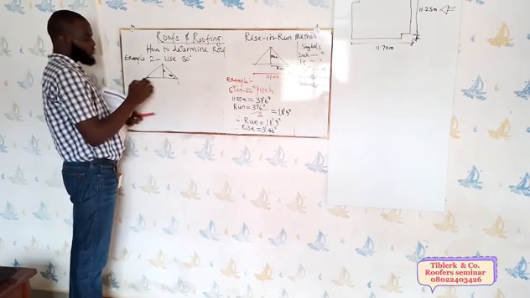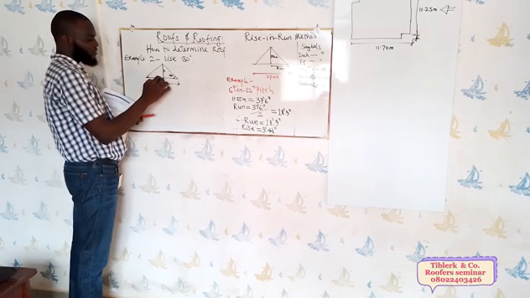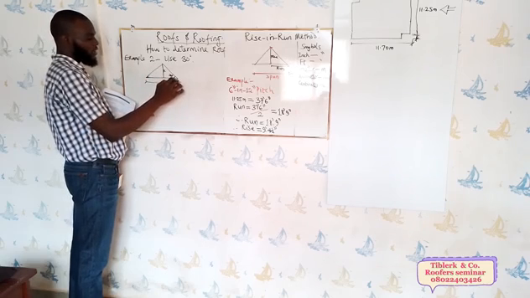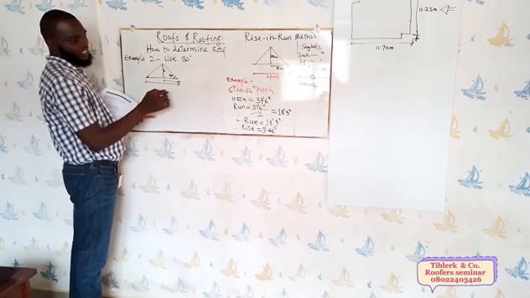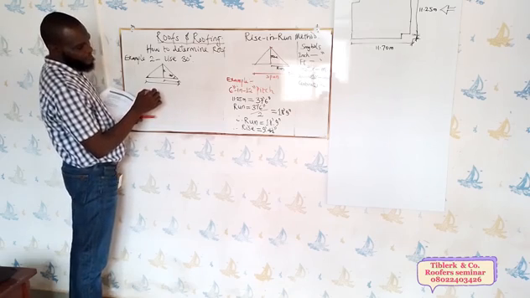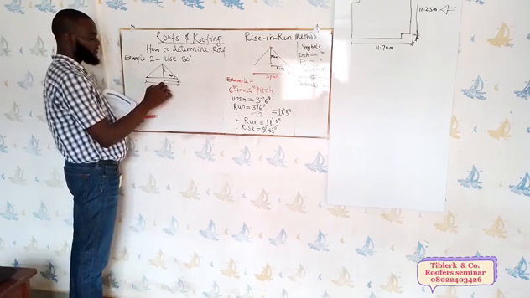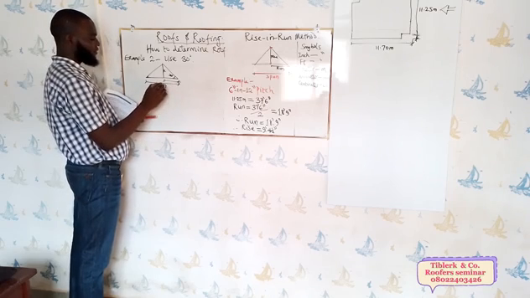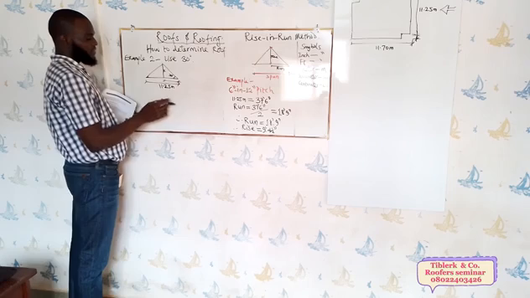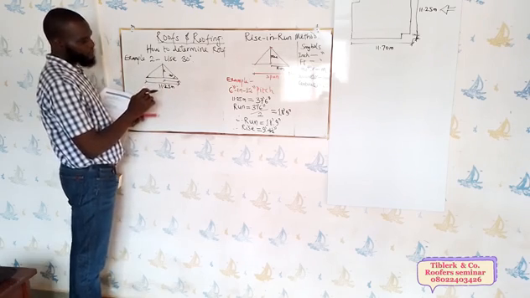But as a matter of fact, we must have known our span, which will assist us to determine our run. And if our span is, okay, it's 11.25 meters. So what will our run be?